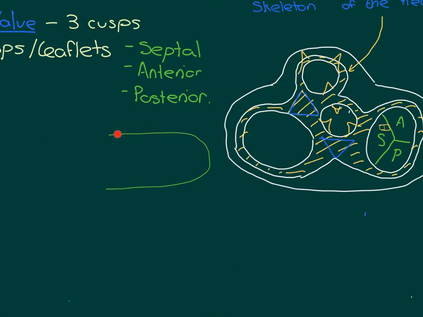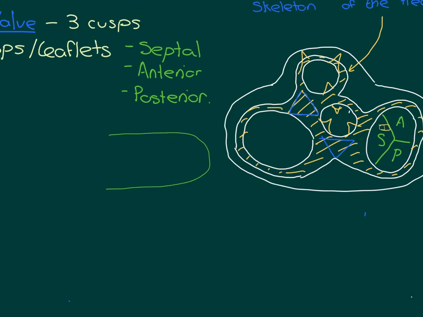This is the part that is facing the right atrium above, so this is the top surface, and this is the part that's facing the right ventricle below. So I hope you're oriented to what I'm doing here. So the whole thing is covered by endothelial cells, as always. Everything that's going to be in contact with the blood has to be covered in endothelial cells, and this is certainly going to be in contact with the blood.